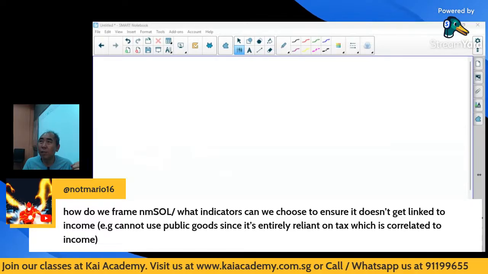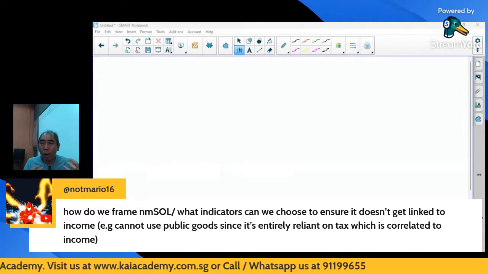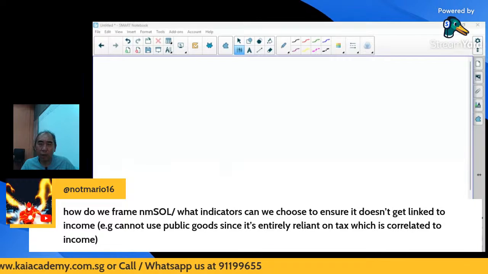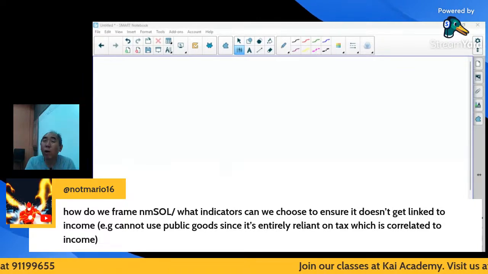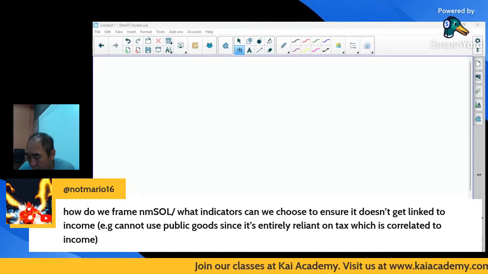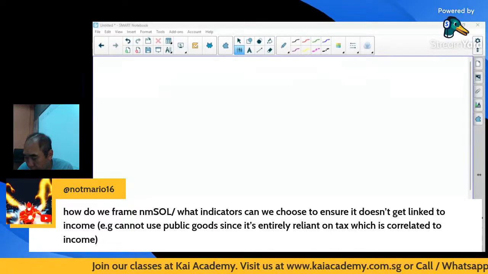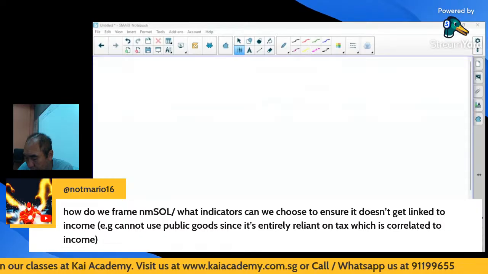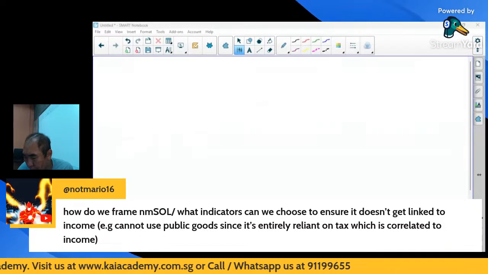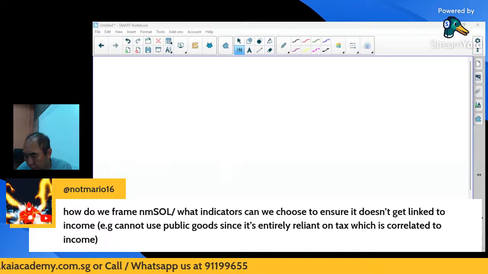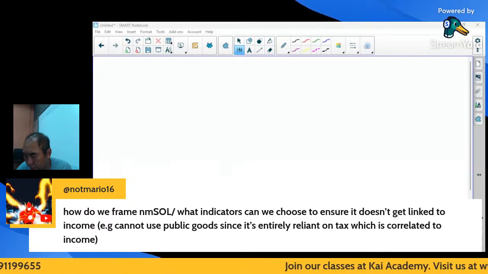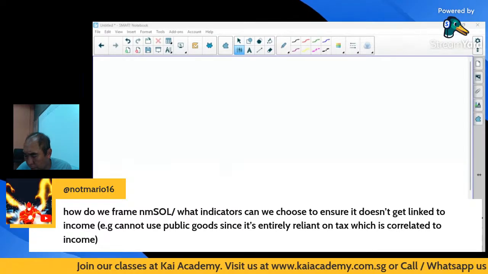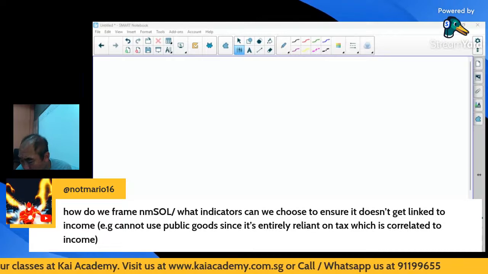But when you measure outcomes, then what percentage or what cohort of our students make it into, maybe, the top universities in the world, for instance, might be an outcome indicator. Okay, I hope that answers your question.